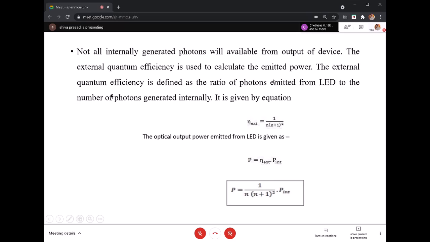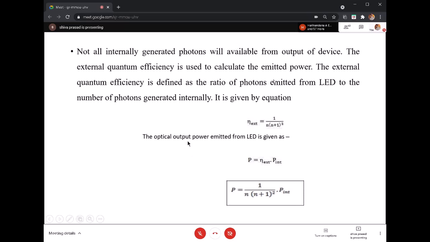The external quantum efficiency is defined as the ratio of the number of photons emitted from the LED to the number of photons generated internally. It is given by the equation eta external is equal to 1 divided by n into (n plus 1) whole square.